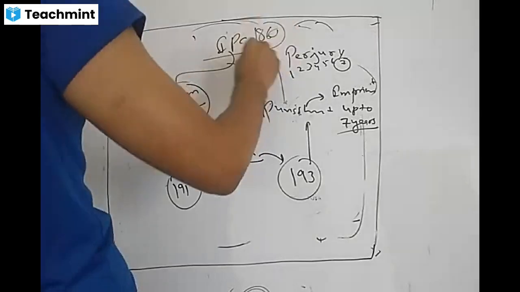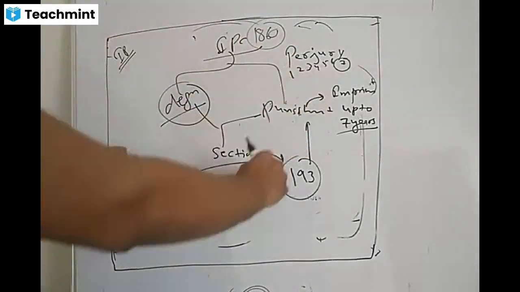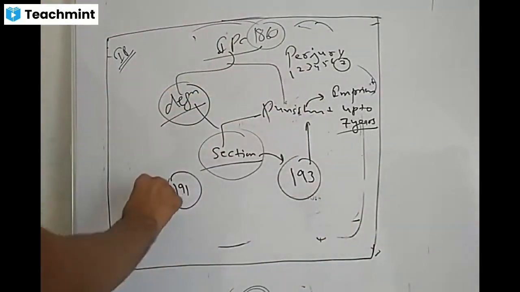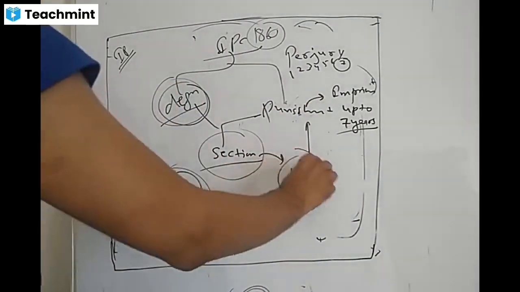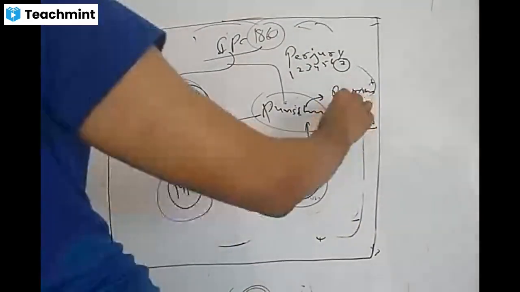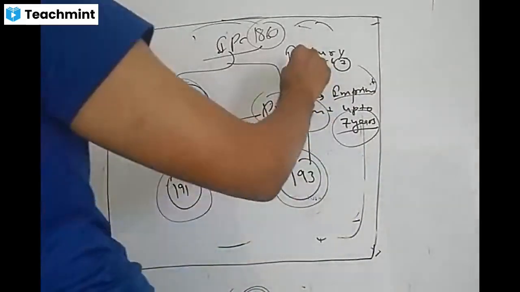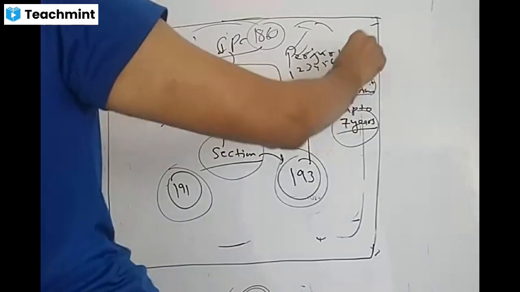In this book, definition of crime and punishment of crime is given. And those things are written in the form of sections. If 191, it means the definition of perjury. And 193 will tell you the punishment of perjury, that is imprisonment up to 7 years. So how to remember 7? Count the number of letters in perjury. They are exactly 7.